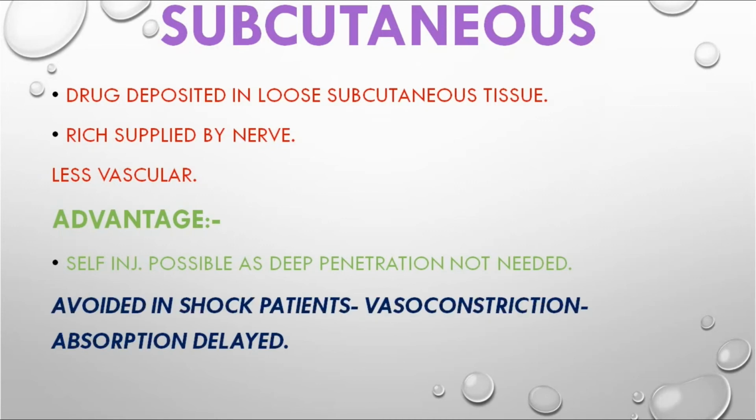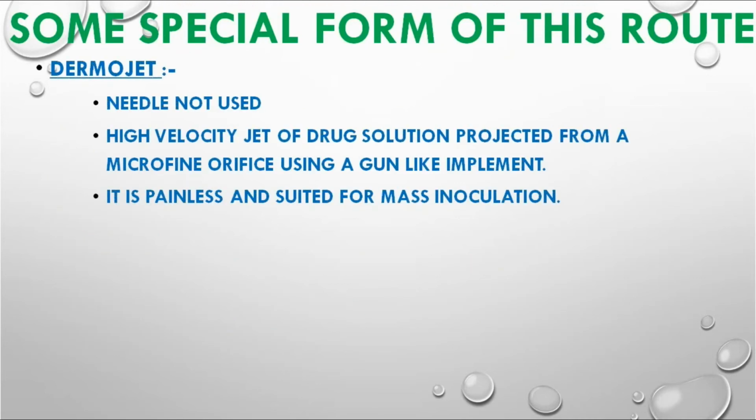Avoided in shock patients as vasoconstriction delays absorption. Special forms are dermojet, where a needle is not used; a high velocity jet of drug solution is projected from a microfine orifice using a gun like implement. It is painless and suited for mass inoculation.